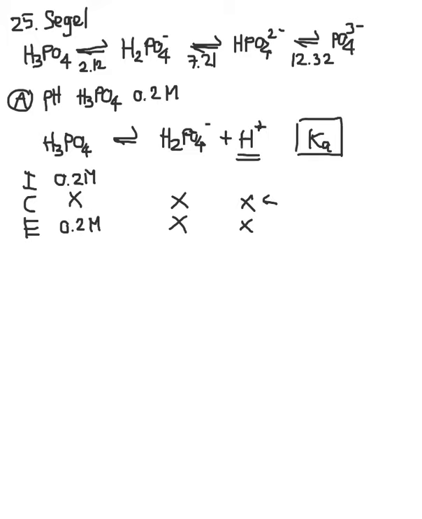So Ka here will equal the concentration of the products, which is X from H2PO4 minus and X from proton, multiplied by each other and then divided by the concentration of the substrate that is left.